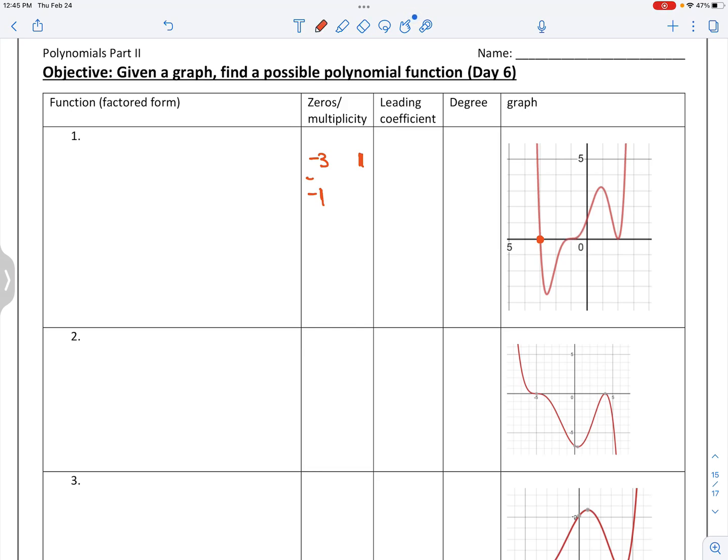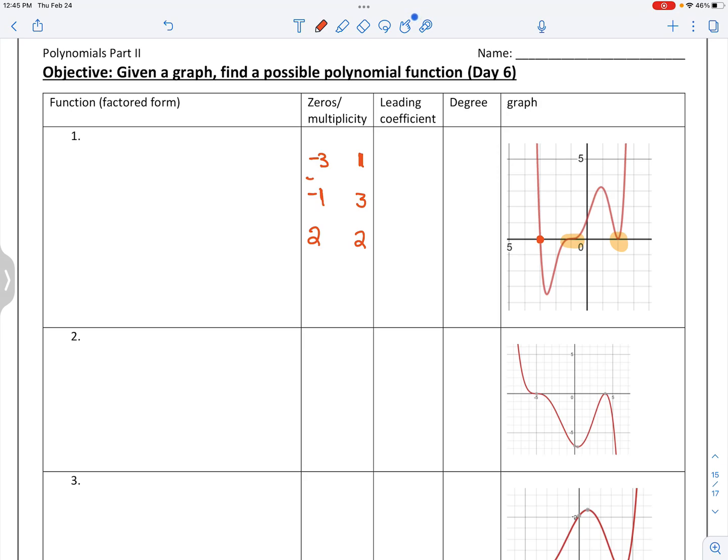See how it just slowed down right here? That tells me it has odd multiplicity. So we're going to say it's 3. Could be 5, but we'll just say it's 3. And then this one will have even multiplicity because it bounced. So at 2, it has multiplicity of 2 because it bounced.